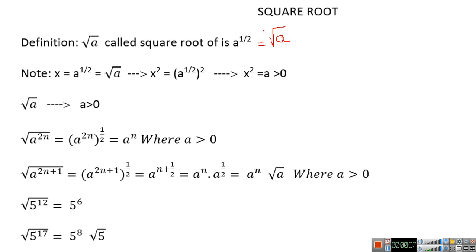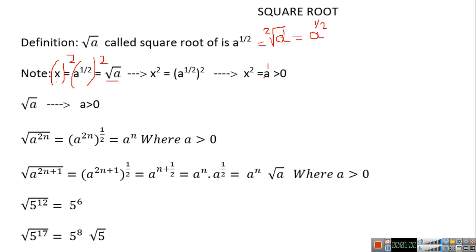Okay? So here we have a 2, so we say equal a power 1 over 2. So if you have x equal a power half, which is equal square root a, if you square both sides, as you can see here, power for power you multiply, half times 2 is 1.